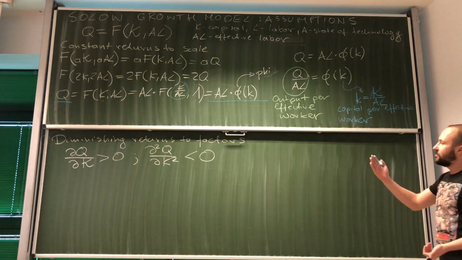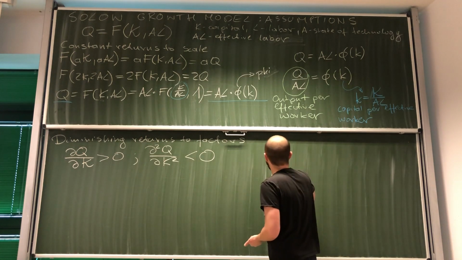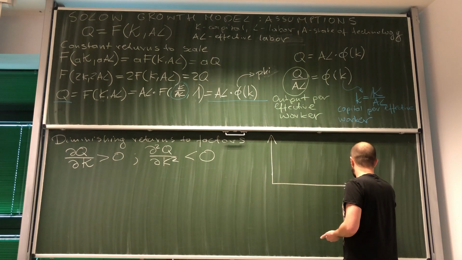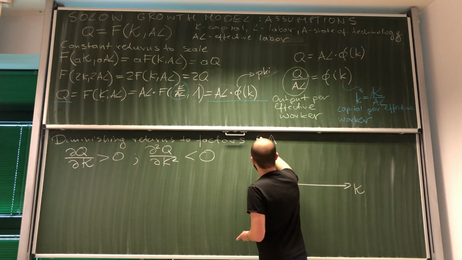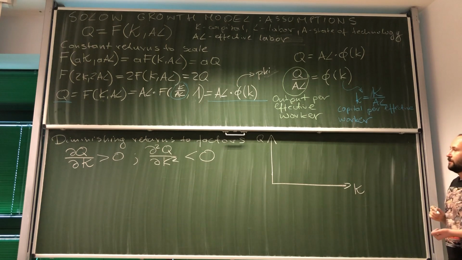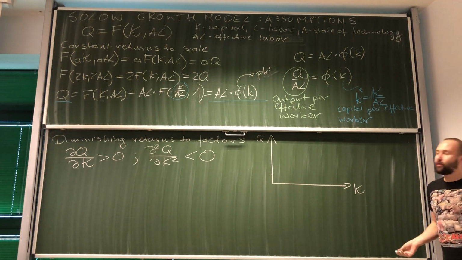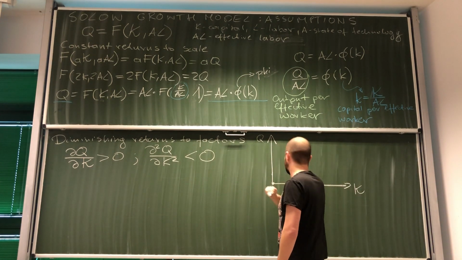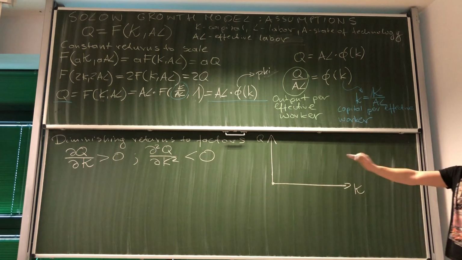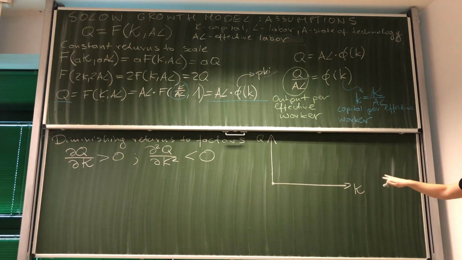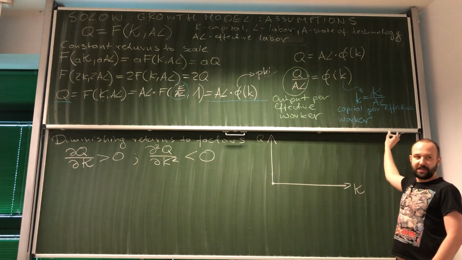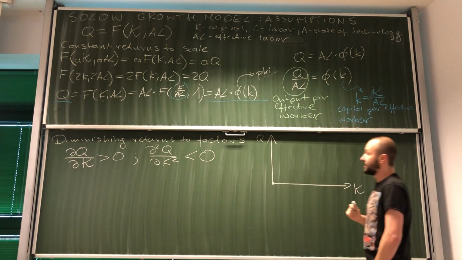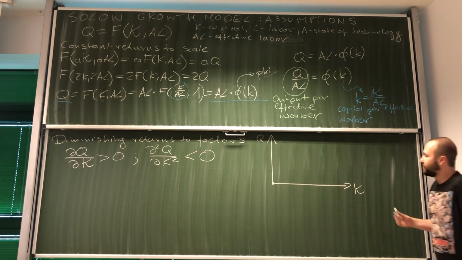Okay, so knowing this, how could I make a graph where here I have level of capital and here I have Q? Well, assuming that with no capital we cannot produce anything, we will start at this point. But what happens next? Well, definitely, the bigger the capital, the more we can produce. So the function should be increasing. But because the second derivative is lower than 0, it should be increasing slower and slower and slower.